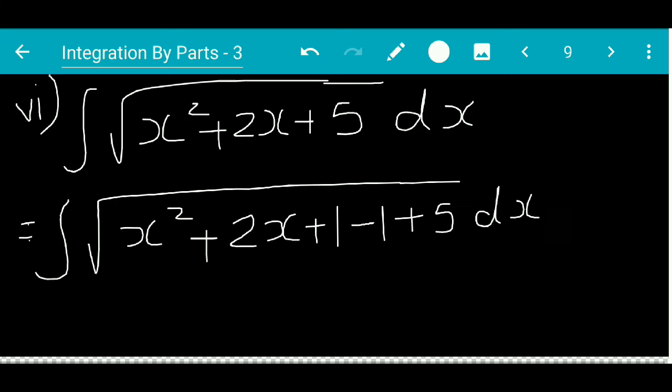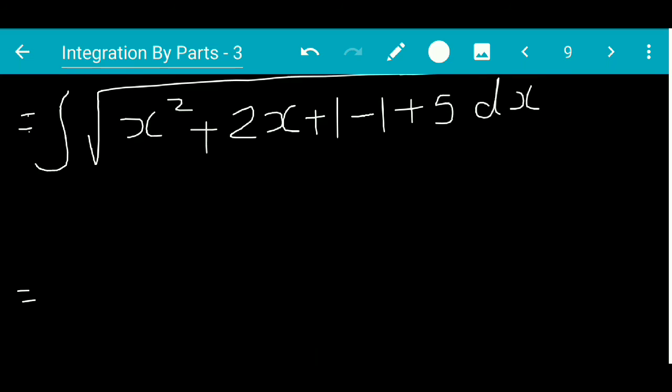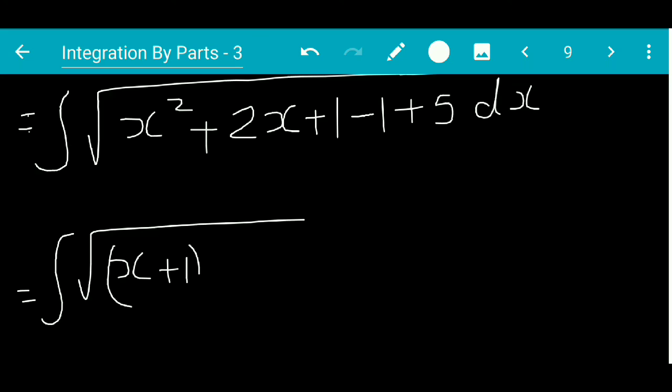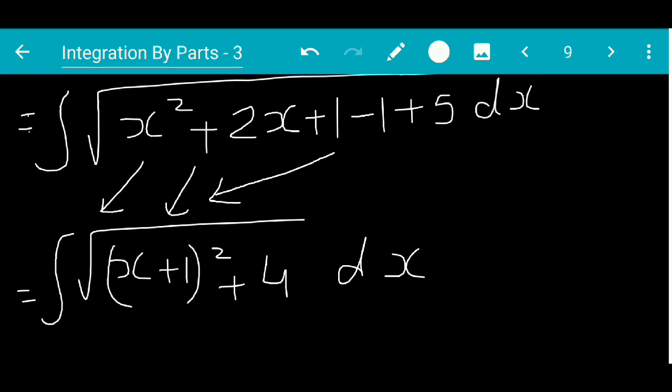Okay. Then in the next step, the integral becomes like this. That is the integral of root of x plus 1 the whole square plus 4 dx. Now how come x plus 1 came? We take the square root of x square, which is x. We put the middle sign, which is plus in this case, and the square root of the third term, which is 1. So that is how we get x plus 1 the whole square.